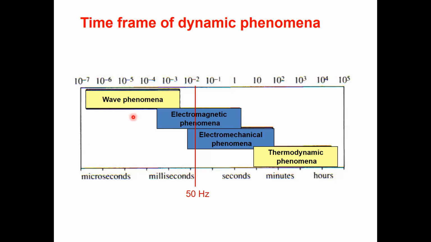The lightning surge signals are typically of very short duration, in the range of a few microseconds. So that is something where you have the system dynamics governed by lightning surges of microseconds.